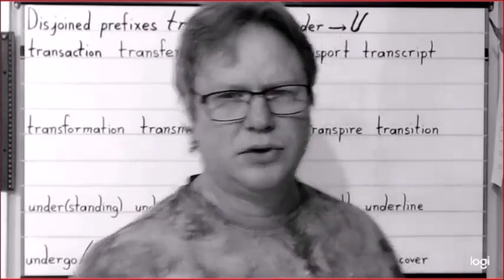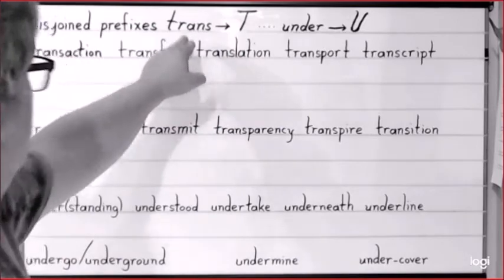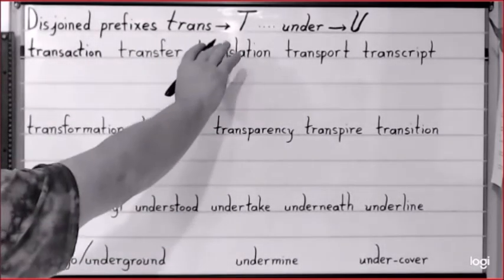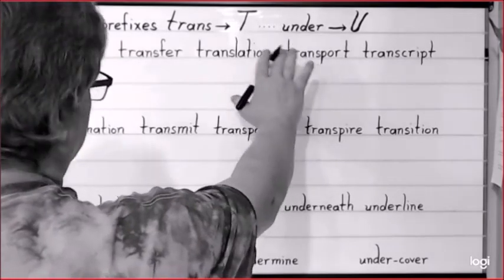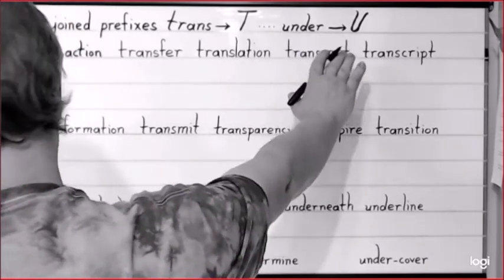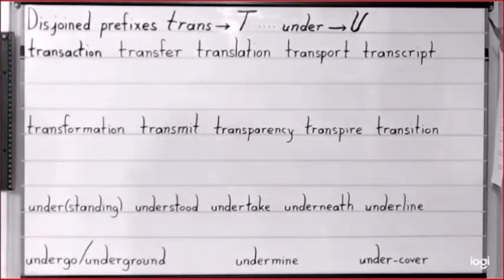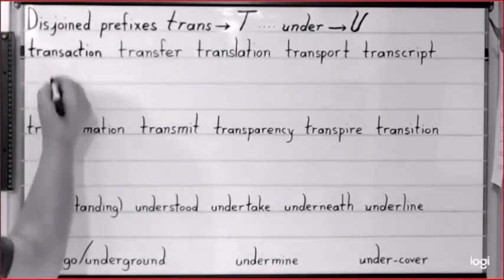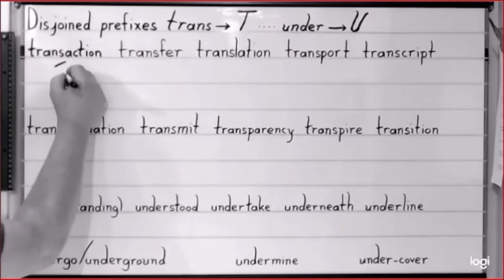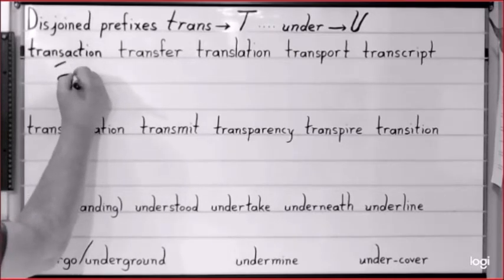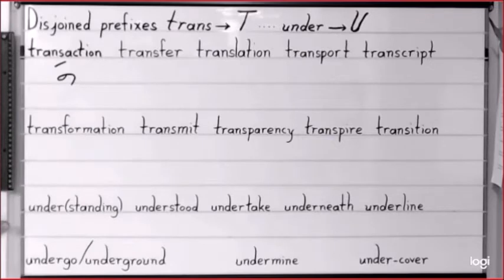The disjoined prefix trans is represented by a disjoined T, and the disjoined prefix under by a U above. So for transaction, it will be a T above the line, then an A, K, and an SH.